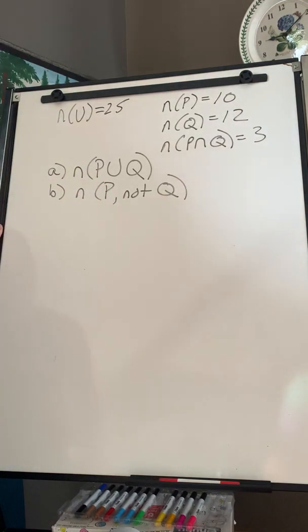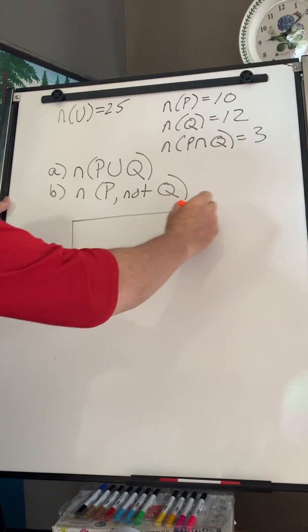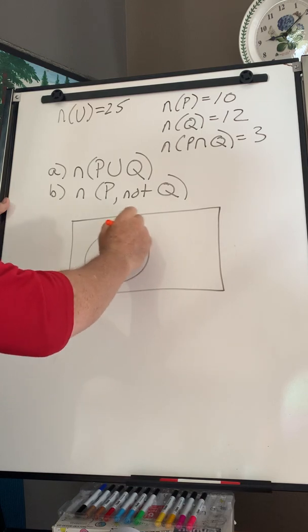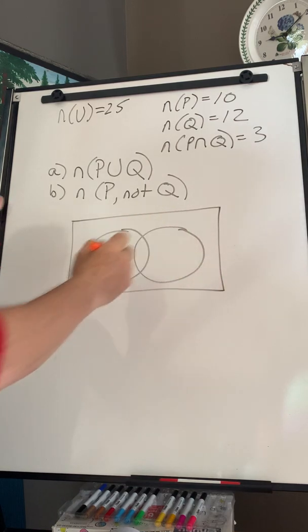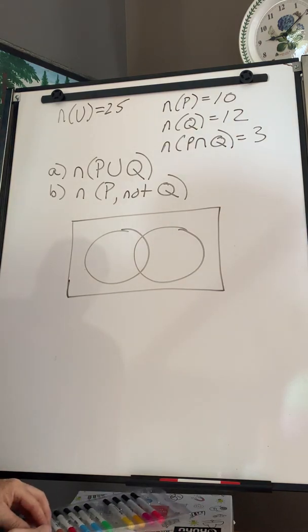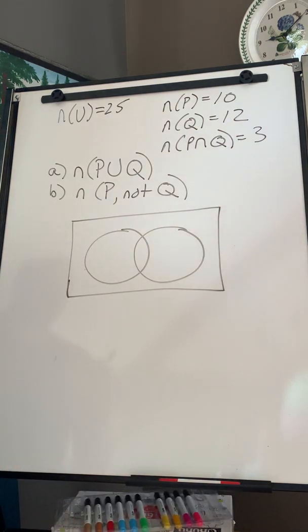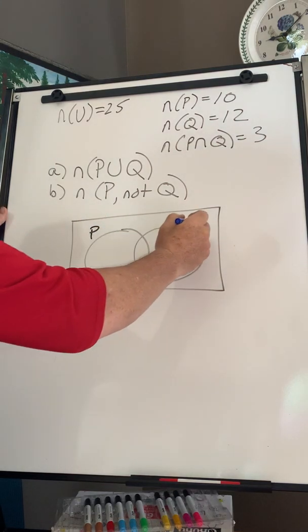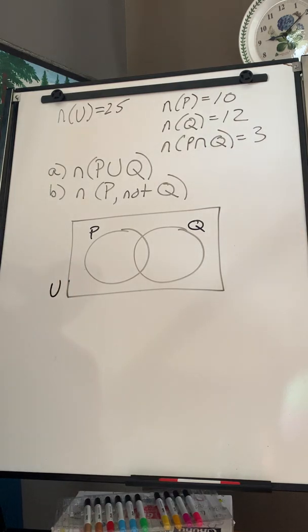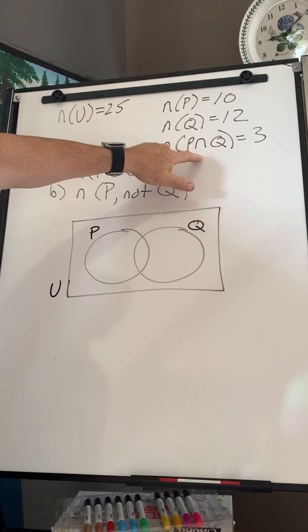So, first thing you do is you're going to draw your Venn diagram. We got a circle, another circle, a really bad marker running out on me, so I'm going to grab a new one. And I got P, Q, universal. So, first thing we need to do is you always start with the intersection part.